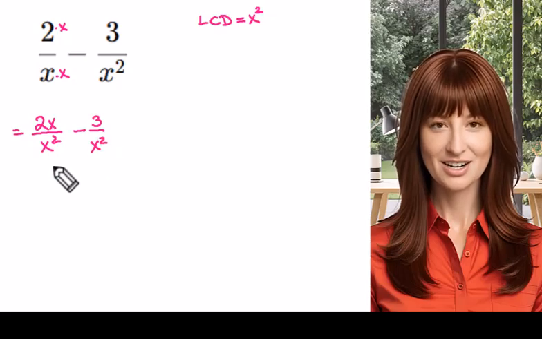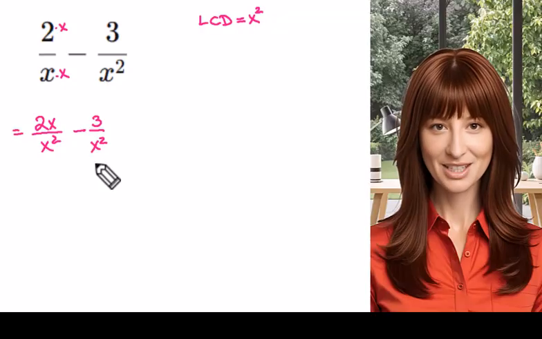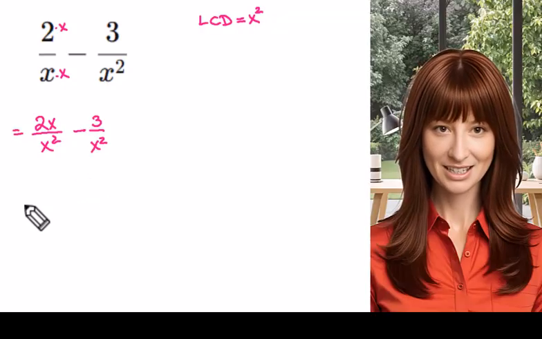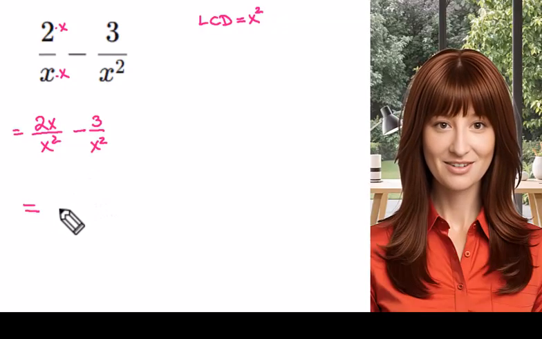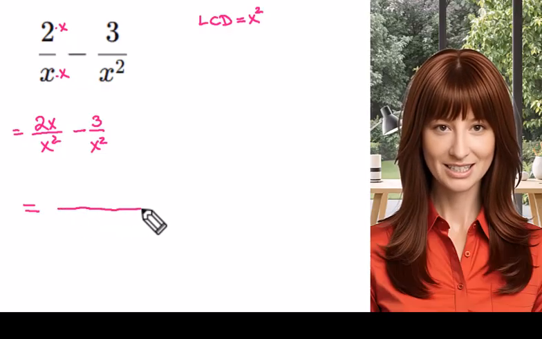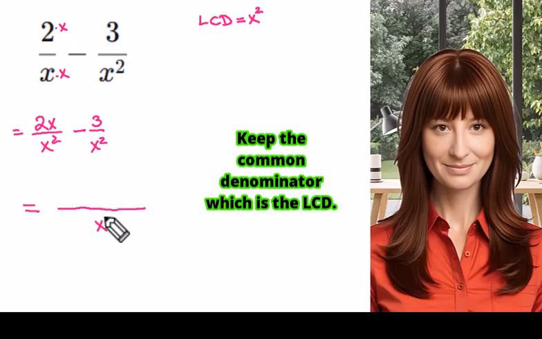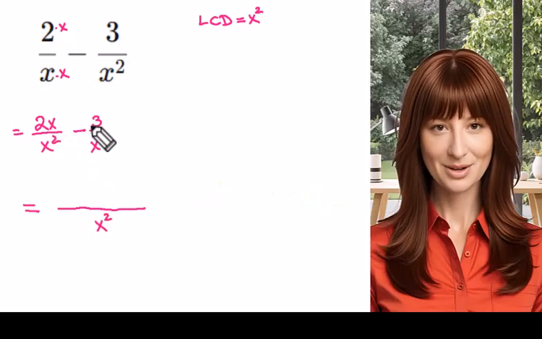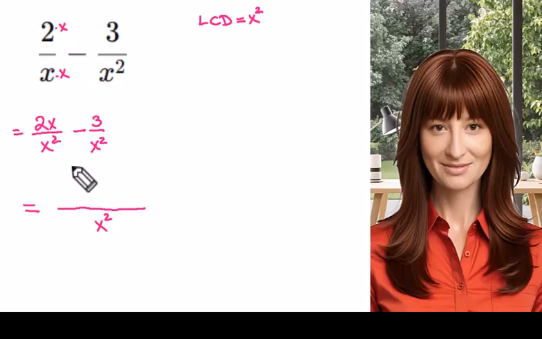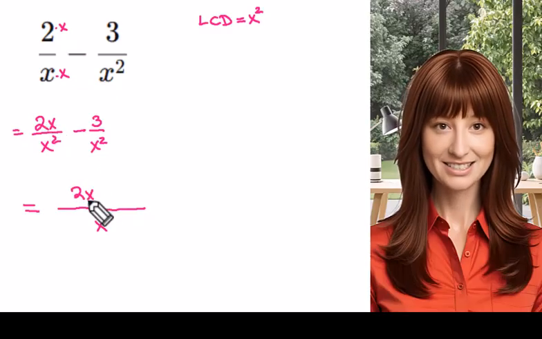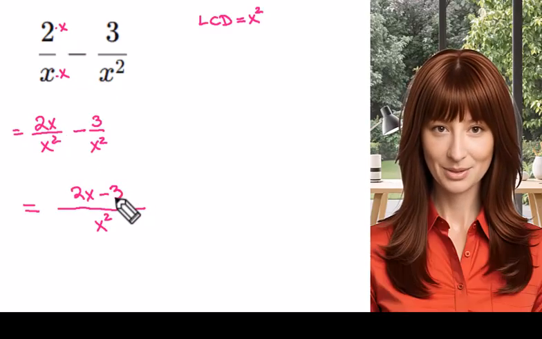And now that we have a common denominator, we are simply going to keep that denominator. Don't ever add or subtract the denominators. Just keep the common denominator, and operate on the numerator. So we have 2x minus 3, which is a binomial.